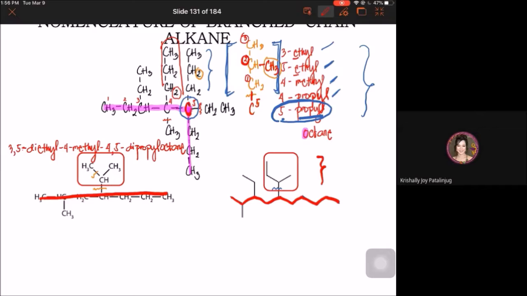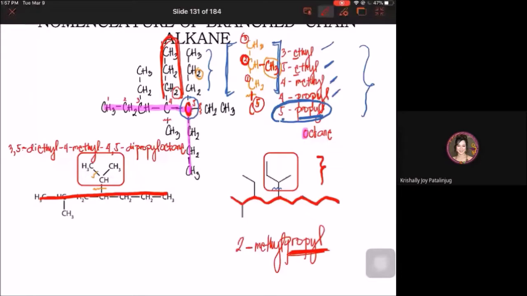A 3-carbon chain is propyl. But again, I repeat, propyl should be CH2, CH2, CH3. What happened is that in the blue bracket, carbon 2 has a sub-branch, so it's not just propyl. The propyl on carbon 5 has a methyl. Where is the methyl? On carbon 2.